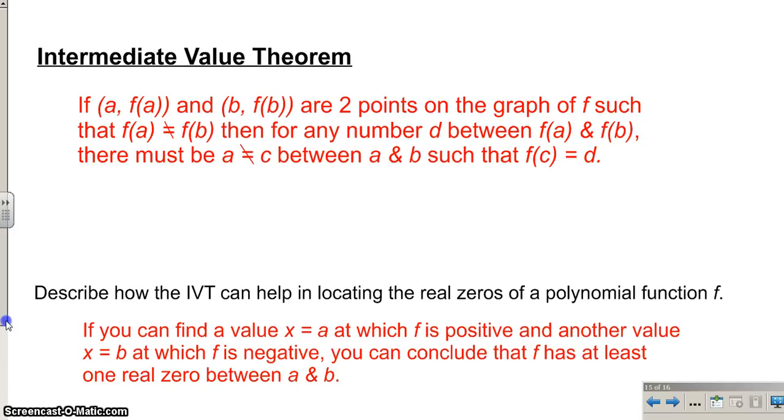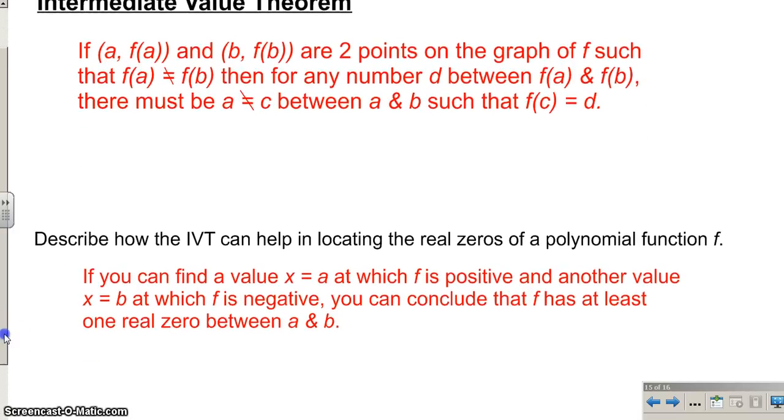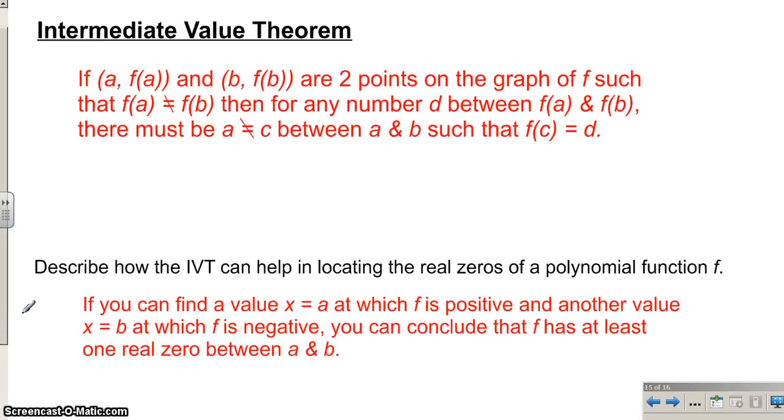All right, last thing we have here is something called the intermediate value theorem. We'll discuss this a little bit further in class and give some more examples, but for now, what I would suggest you do is copy down this definition.